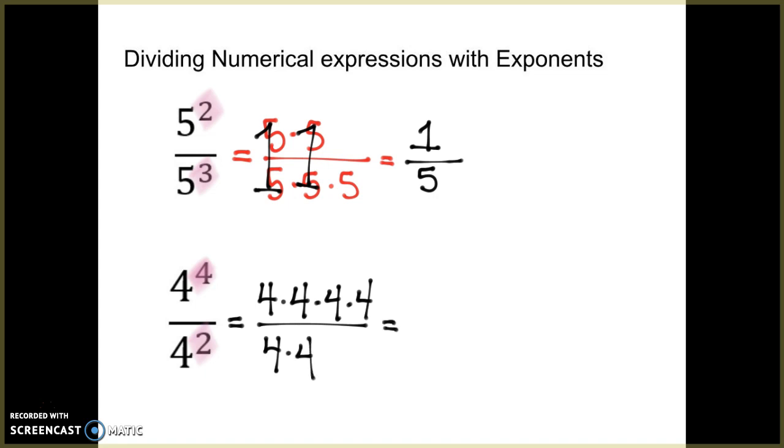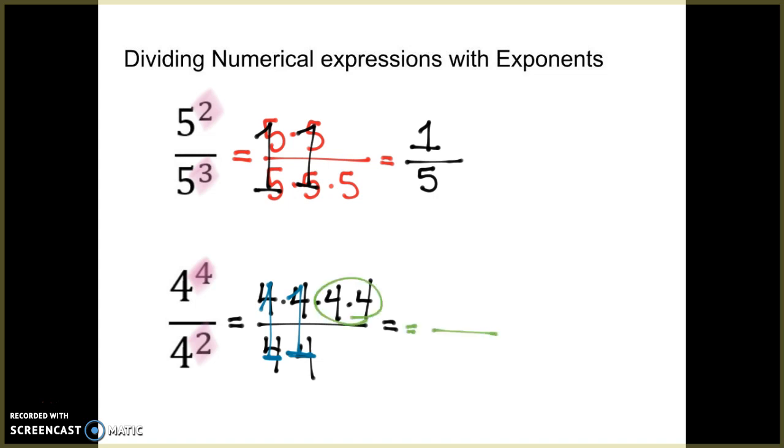Before I get my answer, I'm going to see what I can eliminate, what I can cancel out. Well, I have a 4 in the numerator and a 4 in the denominator. That cancels out to a wonderful 1. I have that same relationship here, a 4 in the numerator and a 4 in the denominator, so I can cancel that out. And I am left with just 4 times 4.